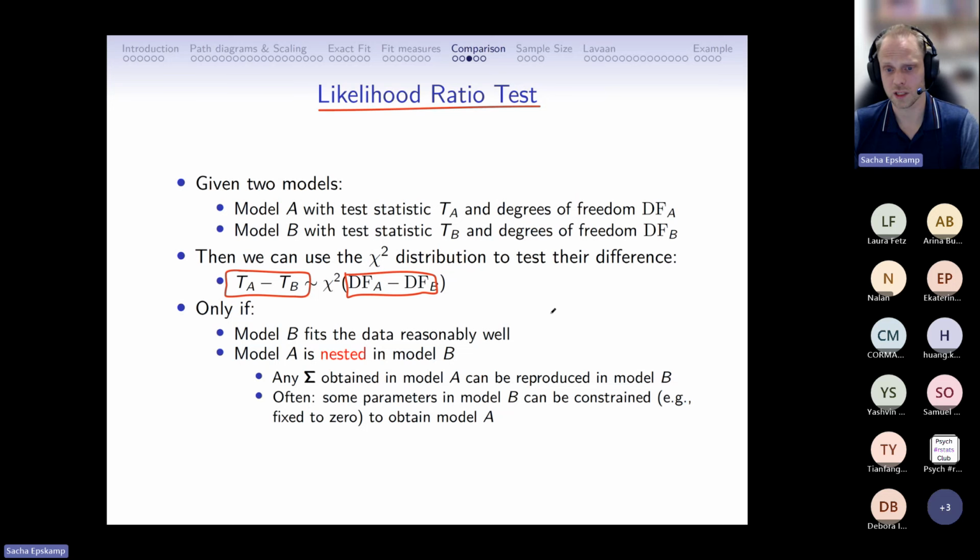And we can run the test: is the difference 0? If the difference is not 0, then you would get a significant result. If the difference is 0, then you would not get a significant result 95% of the times. Right? That's the main idea. So that's a very useful thing to do. We can just run a chi-square test to test if a nested model is significantly different from a non-nested model.